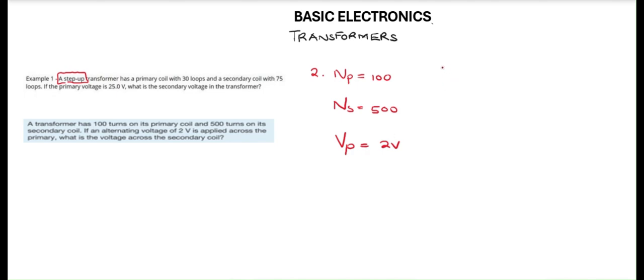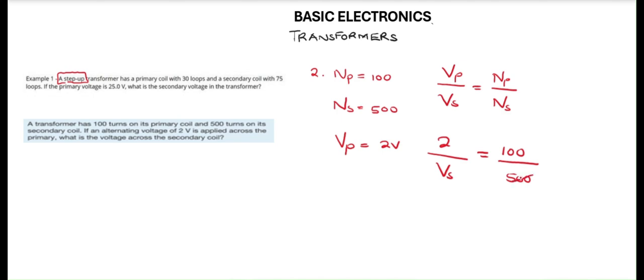So the same thing, voltage across primary over voltage across secondary is equal to number of turns in the primary over number of turns in the secondary. So voltage across primary is 2 divided by voltage across secondary is equal to number of turns in primary 100, number of turns in secondary 500. So the zeros will cancel.